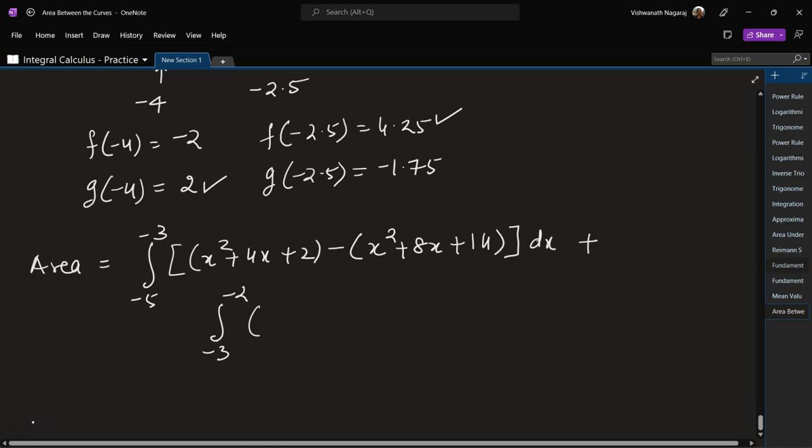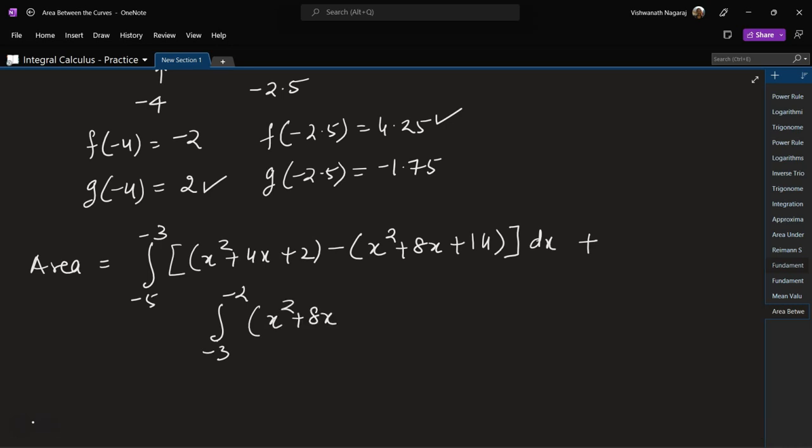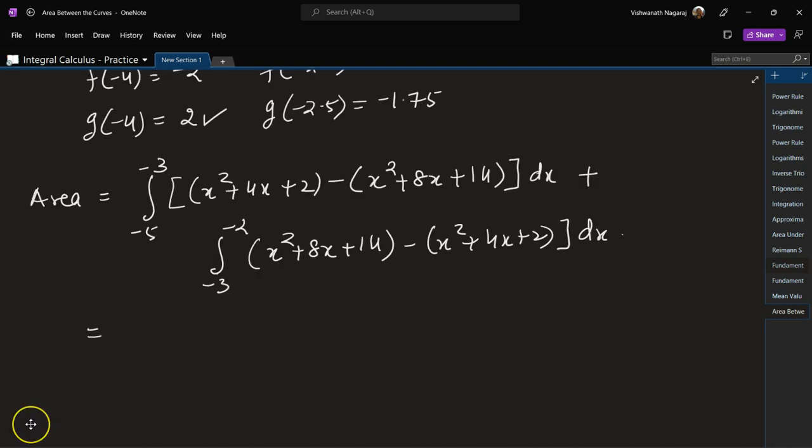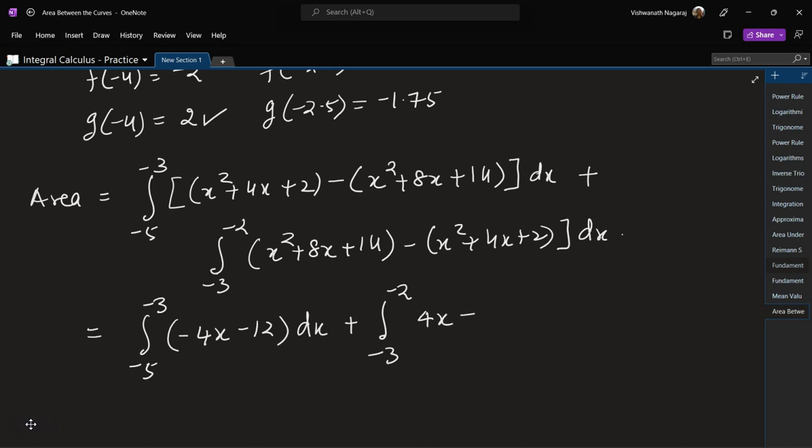So this would be x square plus 8x plus 14 minus x square plus 4x plus 2 dx. Now let's simplify. Minus 5 to minus 3, x square minus x square 0, 4x minus 8x is minus 4x, 2 minus 14 is minus 12 dx, plus integral from minus 3 to minus 2 of x square minus x square 0, 8x minus 4x is 4x, 14 minus 2 is 12.